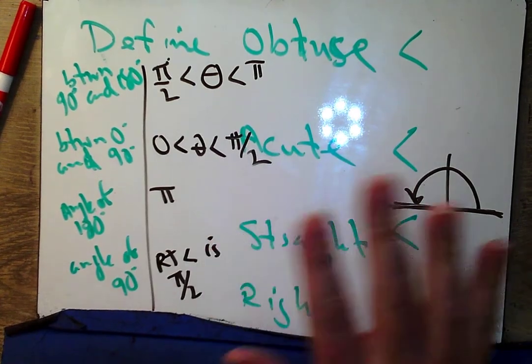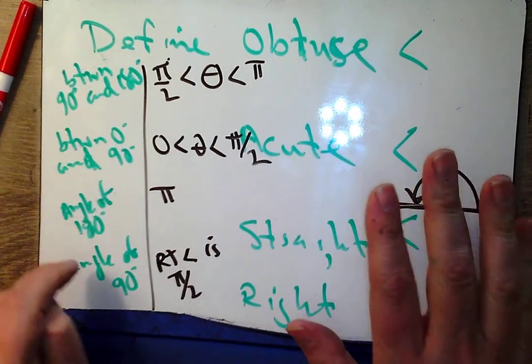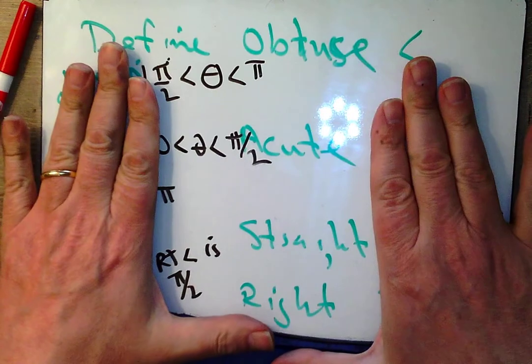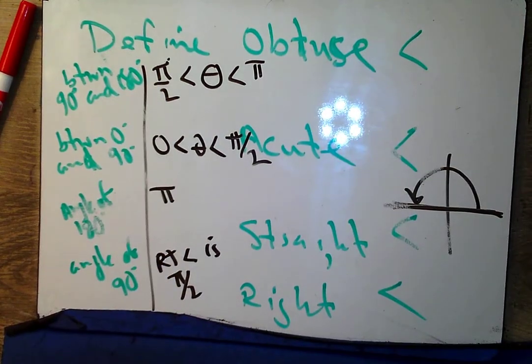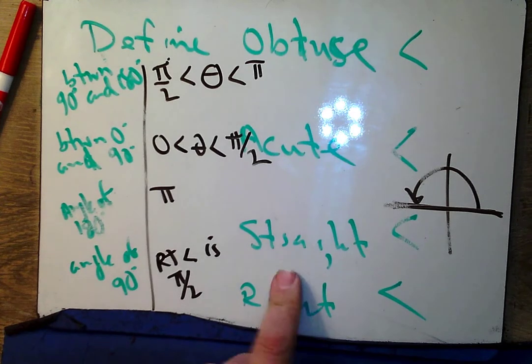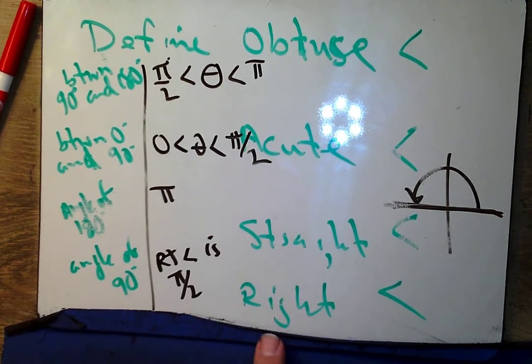So, I'm less worried about you remembering these than about thinking about these radian definitions. A straight angle is pi radians. A right angle is pi over 2 radians.